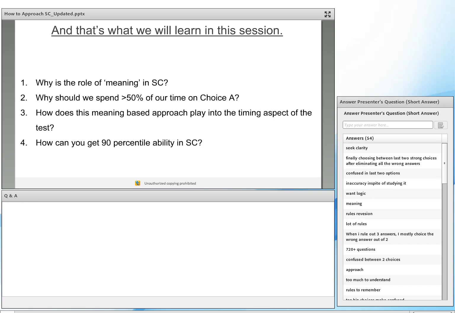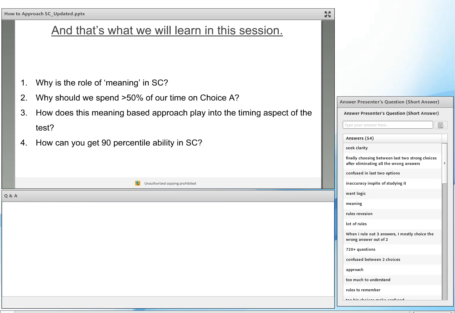When you're solving that easy question, I want you to pay a lot of attention to the meaning of the sentence. It may come very naturally to you, which is good. But we will talk about what kind of clarity you had when you read that easy sentence versus when we move to the more difficult question.